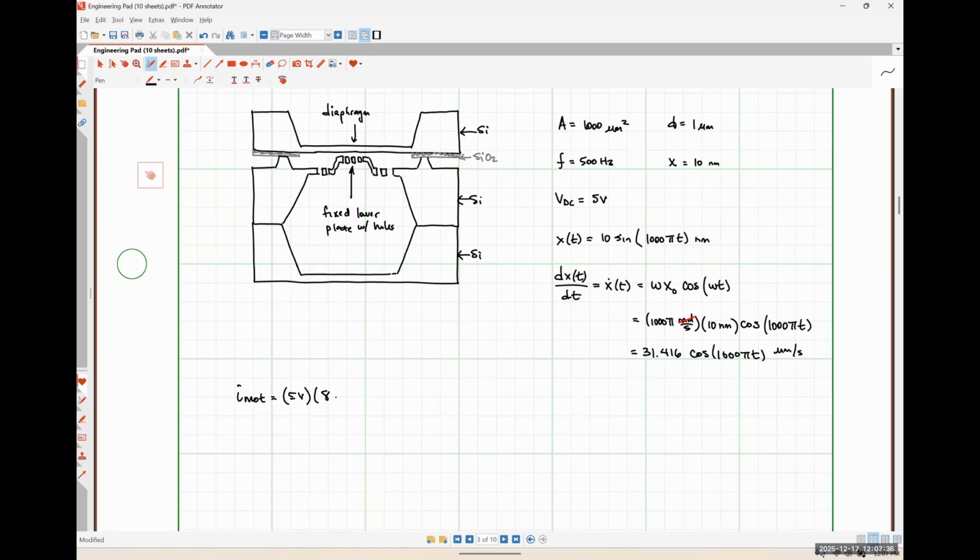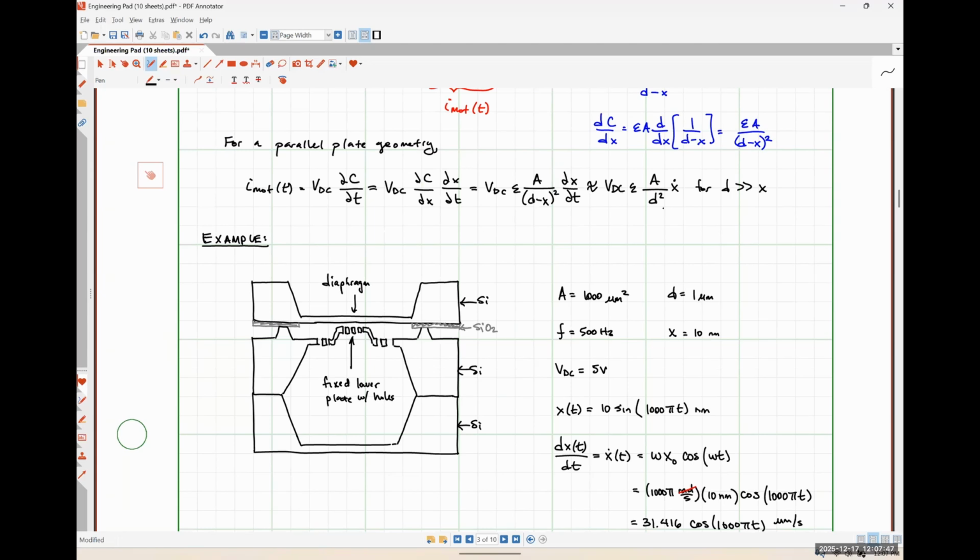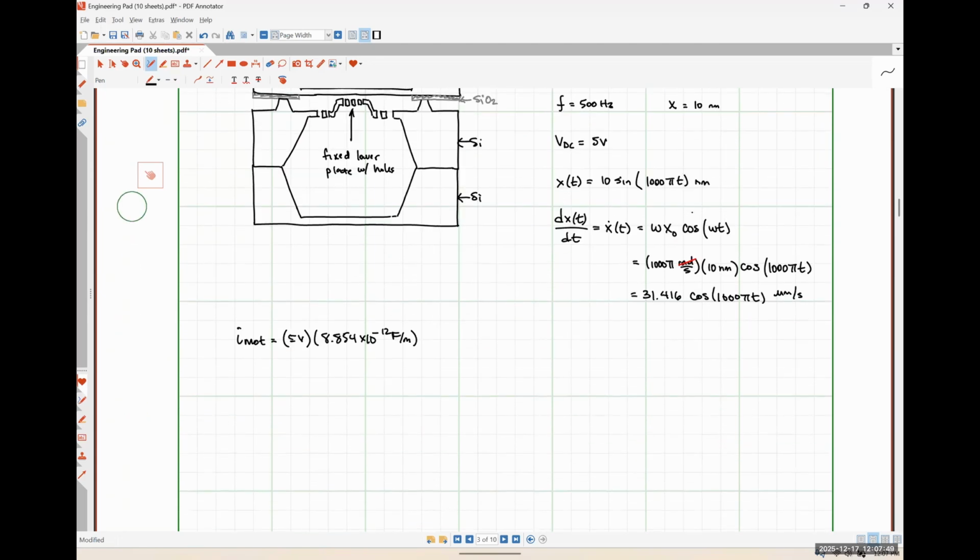So 8.854 times 10 to the minus 12 farads per meter. Scroll up here again. Our area is 1,000 microns squared.